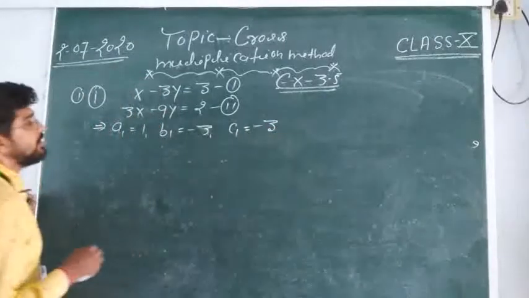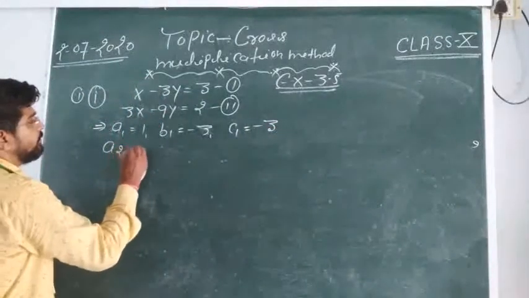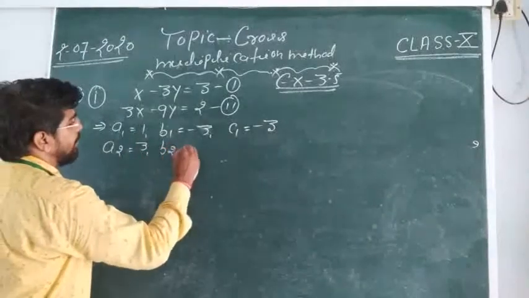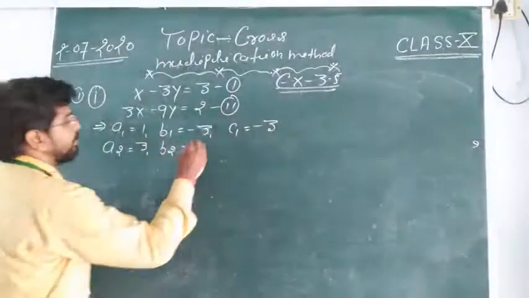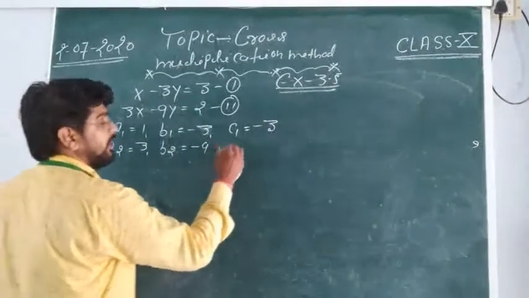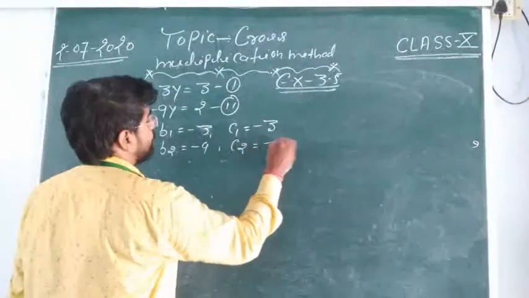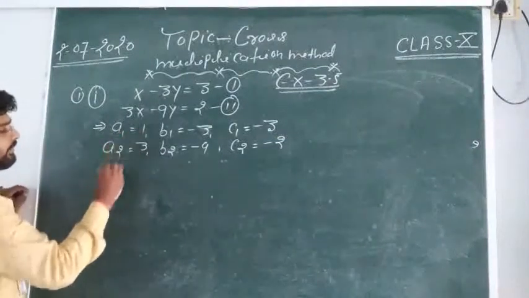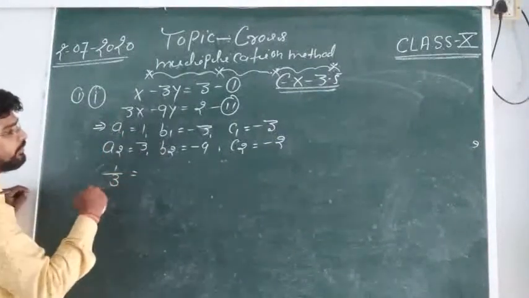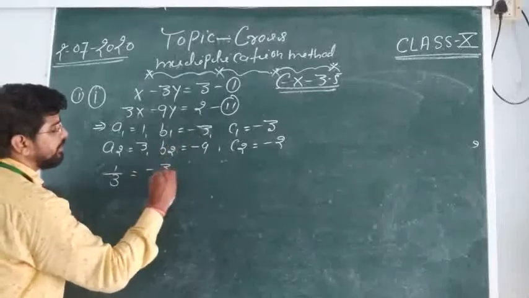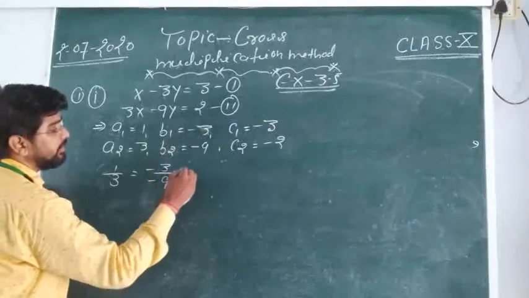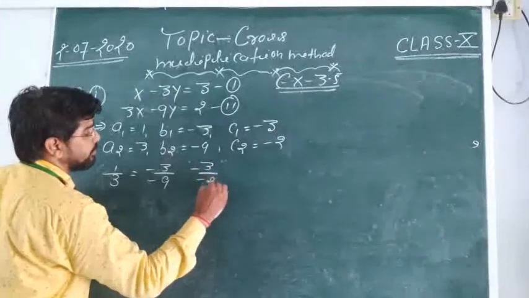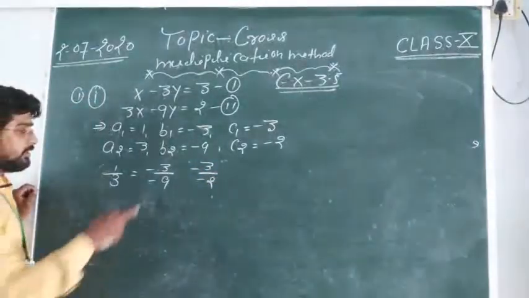Then a2 is equal to 3, then b2 is equal to minus 9, and c2 is equal to minus 2. So see, a1 upon a2 is 1 by 3, b1 upon b2 is minus 3 upon minus 9, and c1 upon c2 is minus 3 upon minus 2.